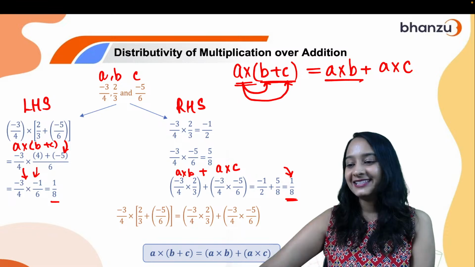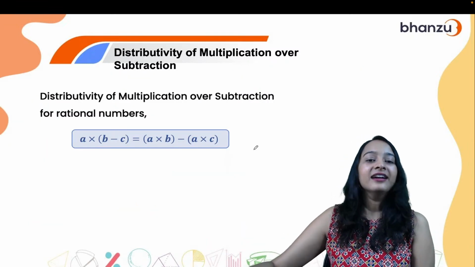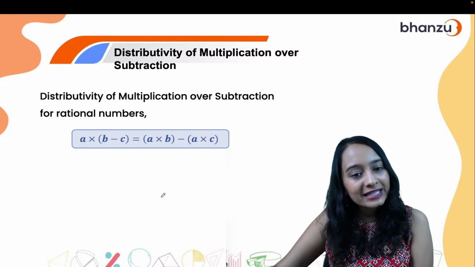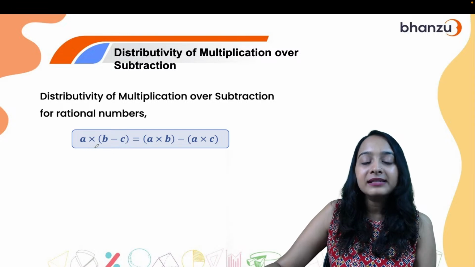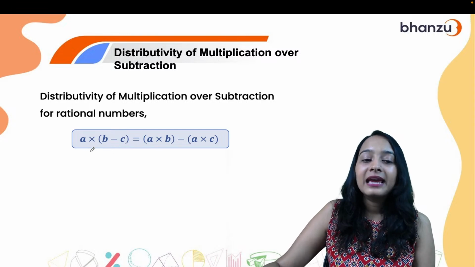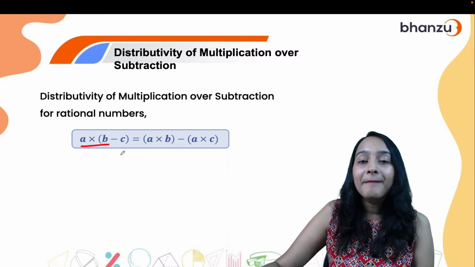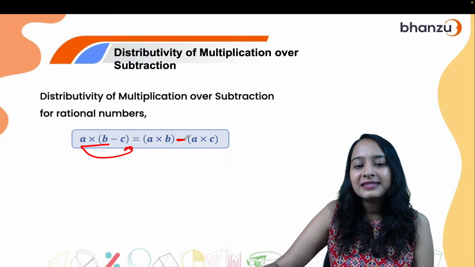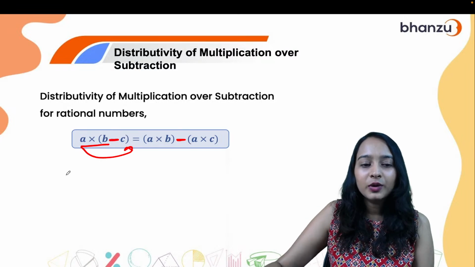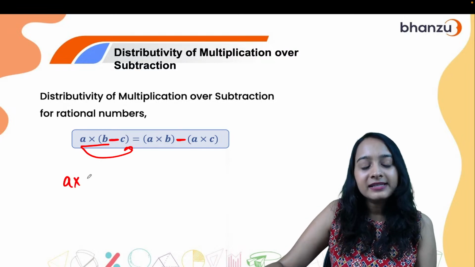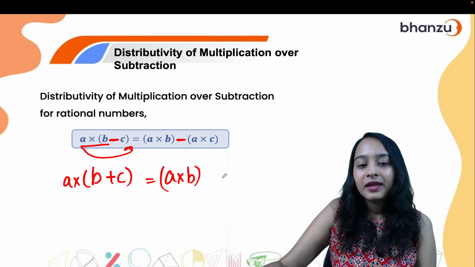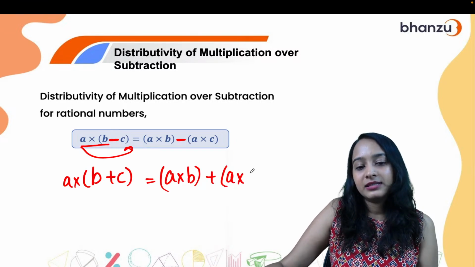Exactly. Yes. Distributivity of multiplication over subtraction also exists. So here A multiplied with B minus C is A multiplied with B minus A multiplied with C. There's only a difference of this minus sign here. That's it. A multiplied with B plus C is A multiplied with B plus A multiplied with C, right?